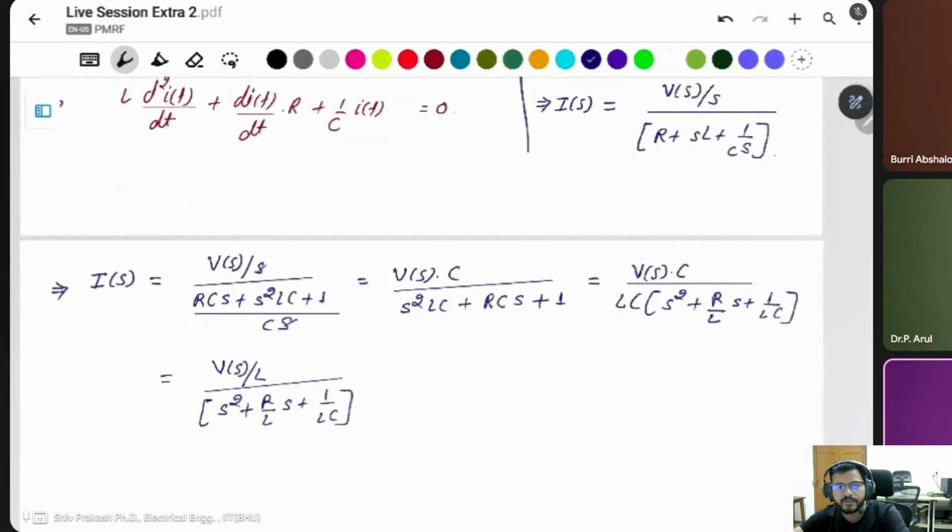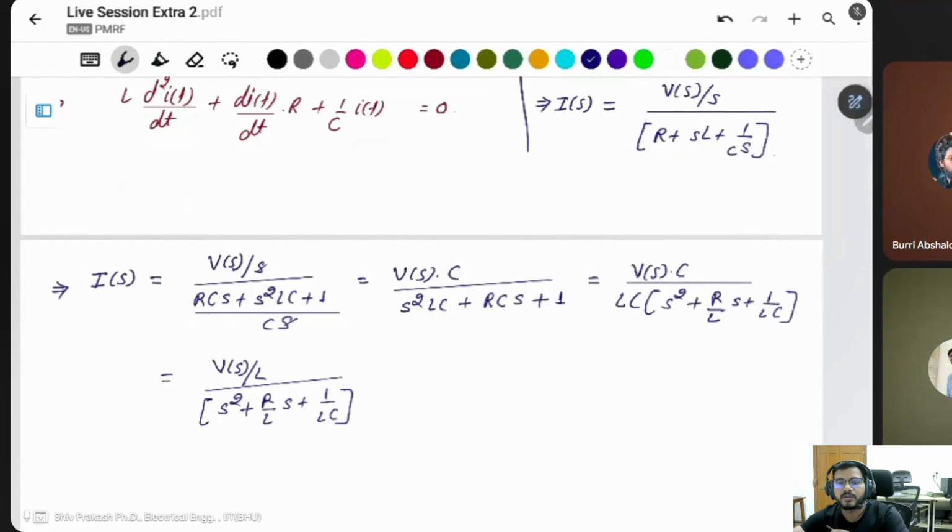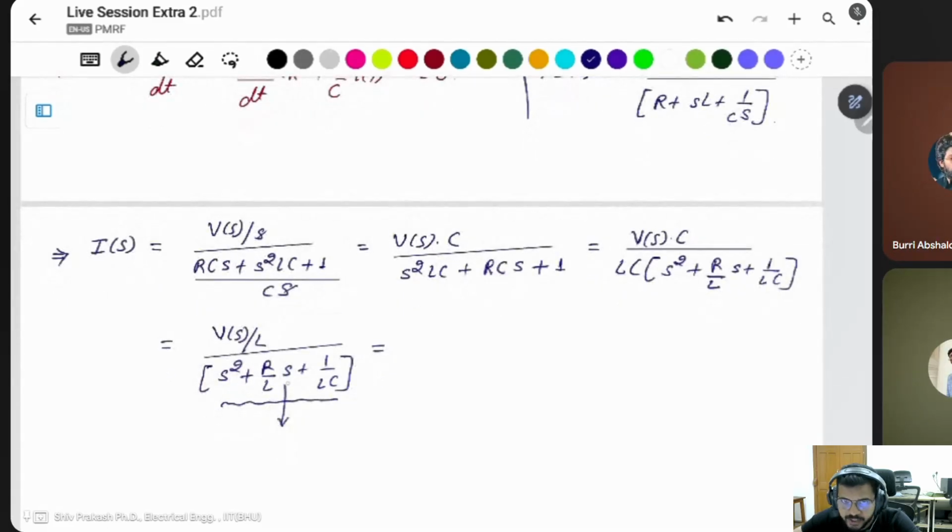This is a quadratic equation. To make this a perfect square, we always add half of the s coefficient squared and subtract the same. Which one is the coefficient of s? We add half of this, squared, and subtract it, to make the perfect square.